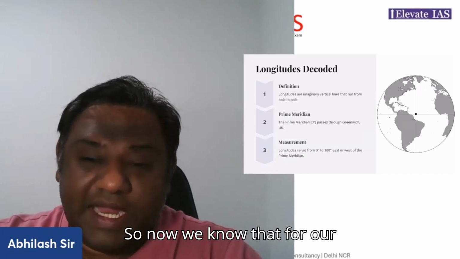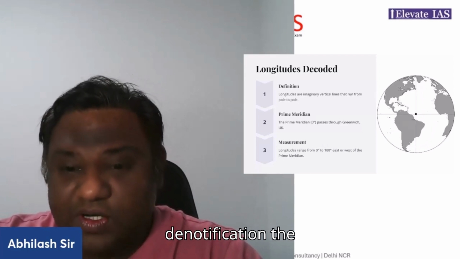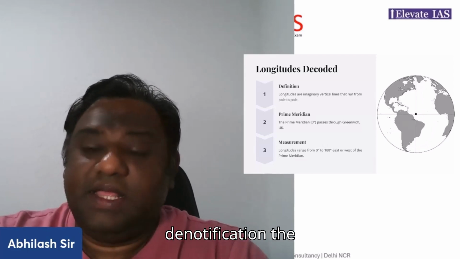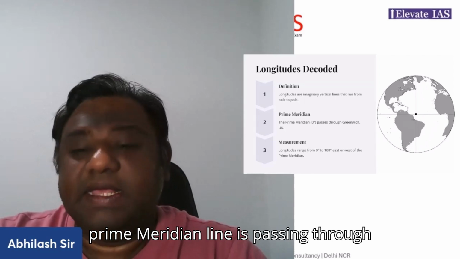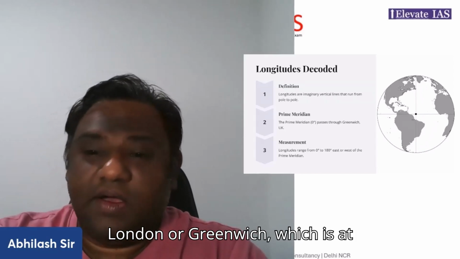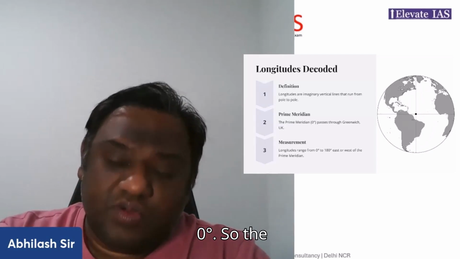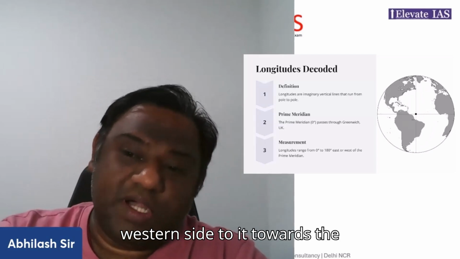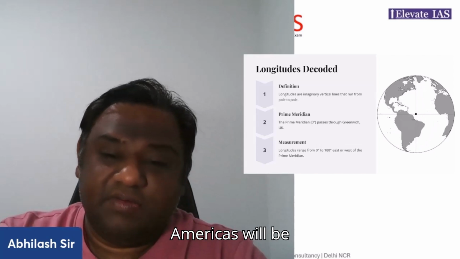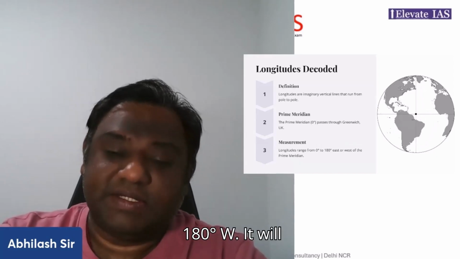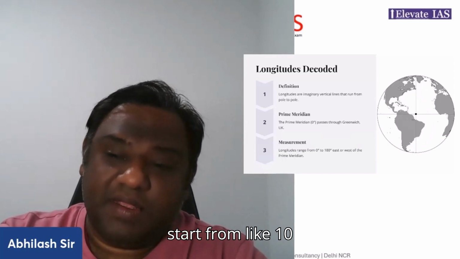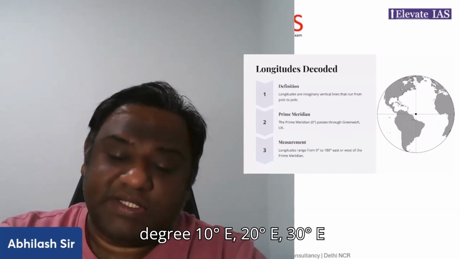So now we know that the prime meridian line is passing through London or Greenwich, which is at 0 degree. The western side of it, towards the Americas, will be up to 180 degrees west. It will start from like 10 degree, 20 degree west, 30 degree west.